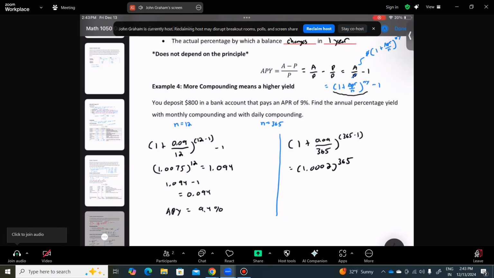And again, we're subtracting 1 here. You get 1.094 minus 1, which is going to be 0.094, which is again 9.4%. So in this case, there's not much of a difference between monthly compounding and daily compounding. You still have an annual percentage yield about the same amount.